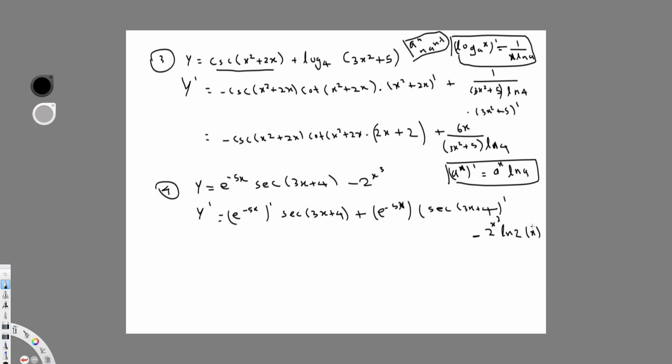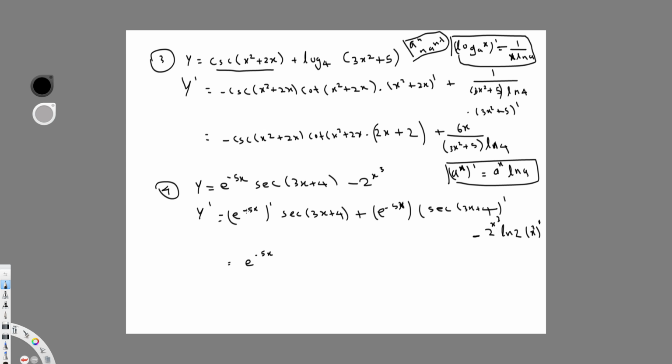It's a chain rule, right? We say we find the outside first, then the inside. So this is the chain rule, and finally we end up with e to the power of minus 5x times sec of 3x plus 4, which remains the same.